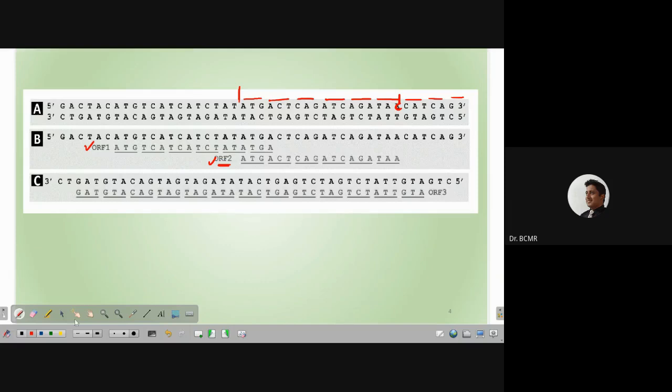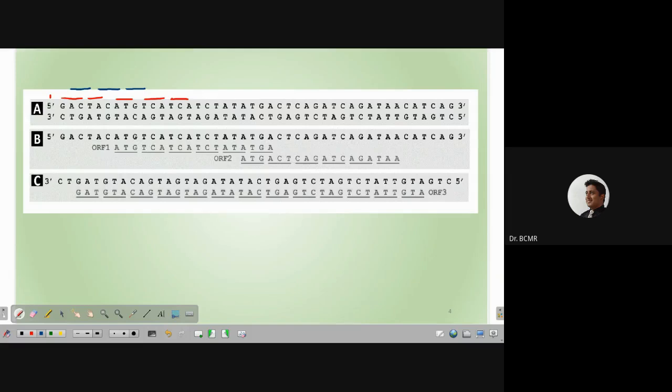What is a reading frame? Again, you can start reading from here. If I'm reading frame 1, then I can keep going. This is reading frame 1. If I am trying to read in frame 2, then I would start here, 3 bases at a time.